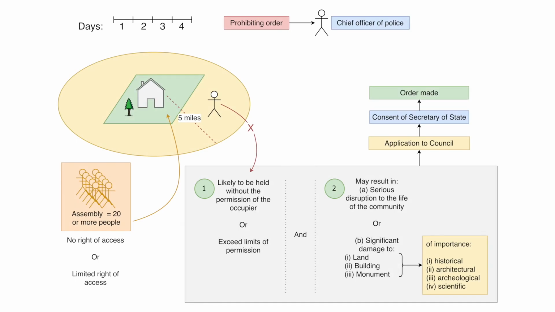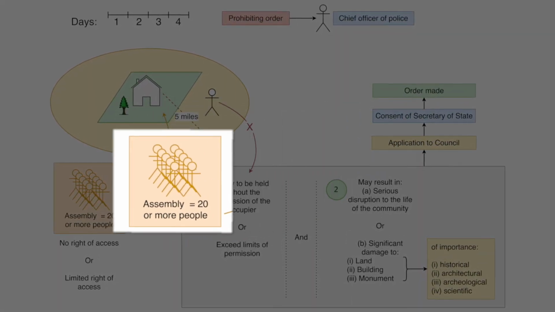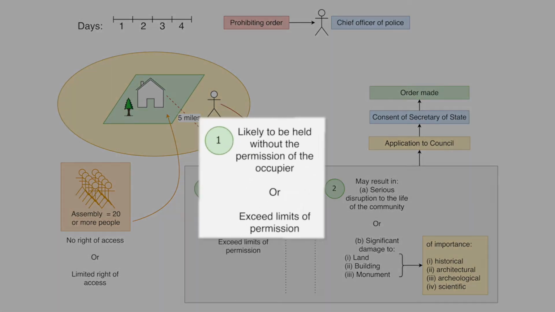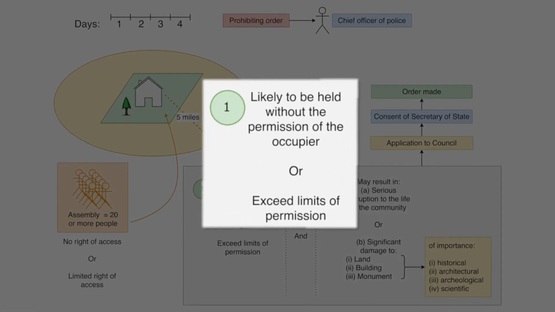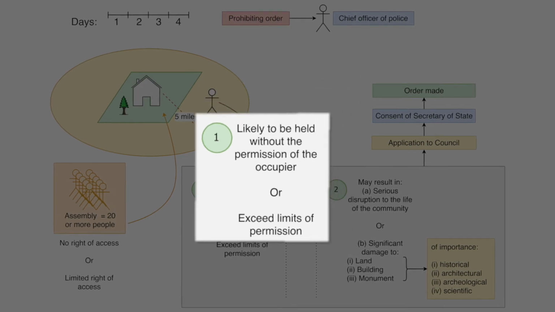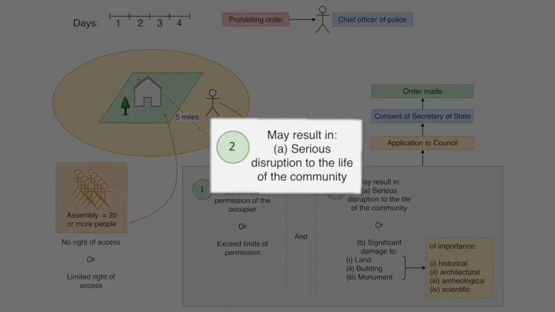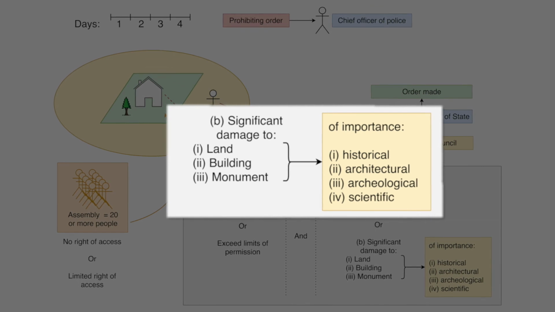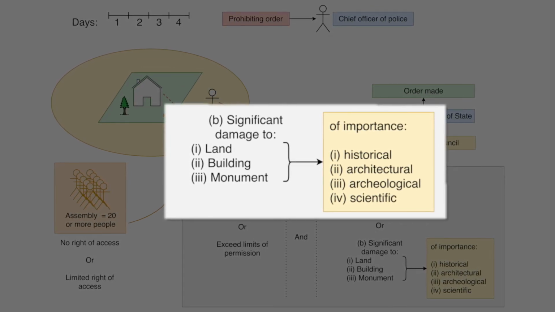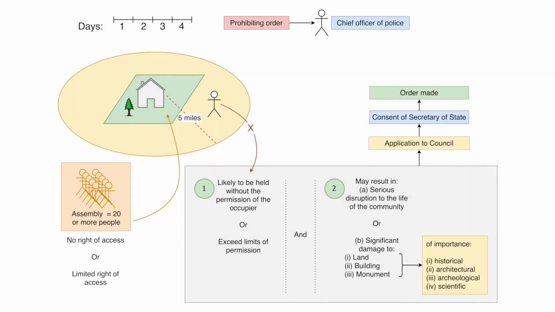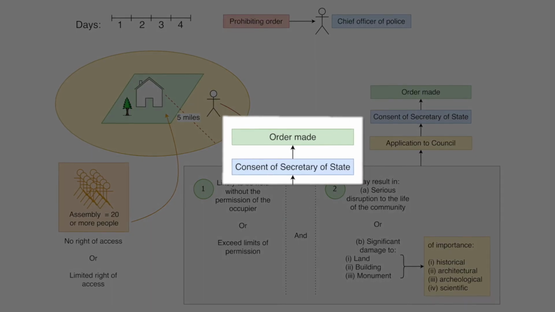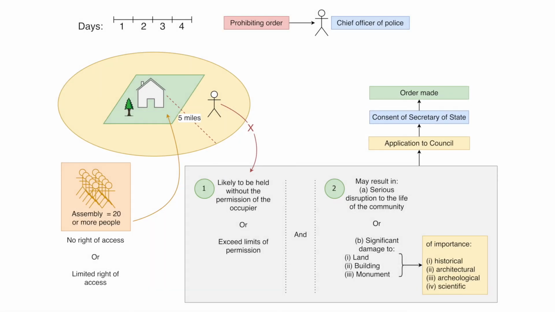So to summarise, if there is to be an assembly, that is an assembly of 20 or more people on land to which there is no right of access or a limited right of access, and it is likely to be held without the permission of the occupier or exceed the limits of permission, and it may result in serious disruption to the life of the community or significant damage to land, a building, or a monument which is of importance in historical, architectural, archaeological, or scientific terms, then an application may be made by the Chief Officer of Police to the Council, and then with the consent of the Secretary of State an order may be made prohibiting the assembly.